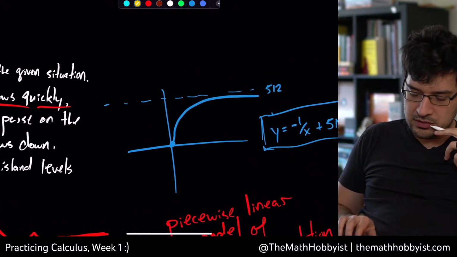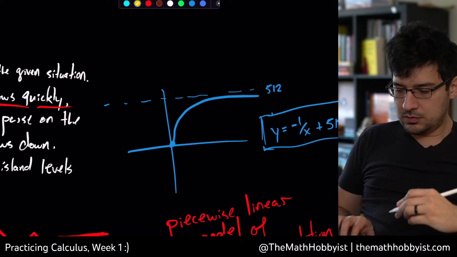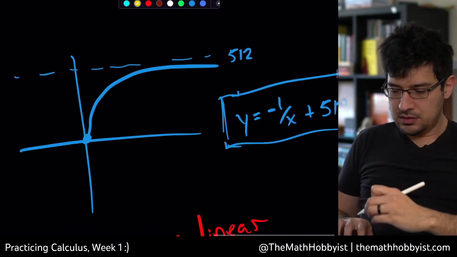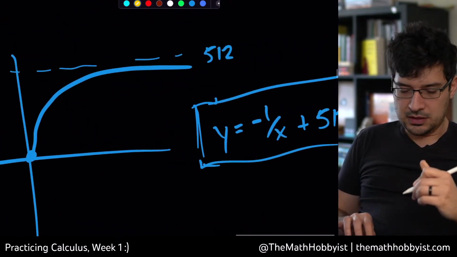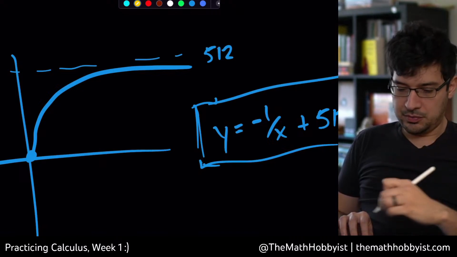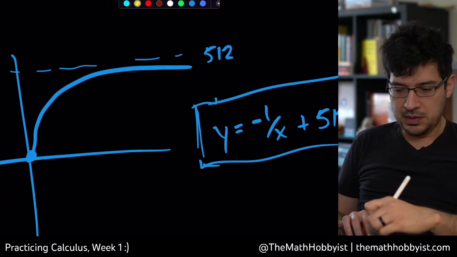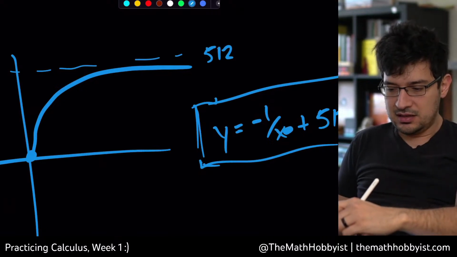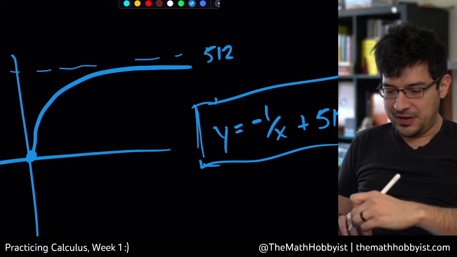Wait, that doesn't make sense. That should have been negative 1 over x minus 1, because we don't want that to tend to negative infinity. We can't have negative infinity warthogs.